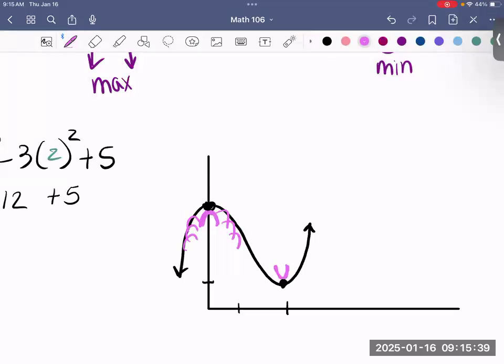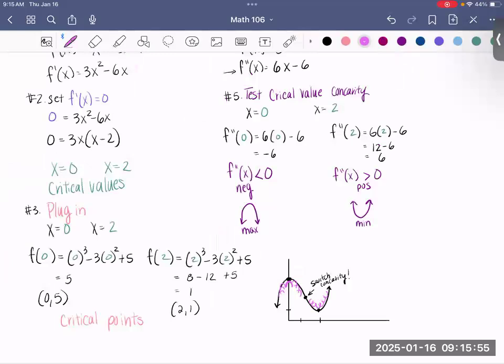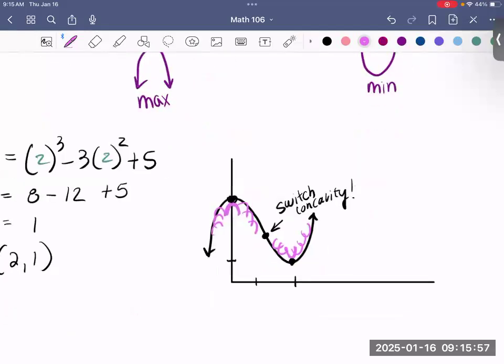And we will have some sort of an inflection point because notice that there will be some point here that you switch the concavity. And then we go to concave up. So this should be something as to what your graph should look like.